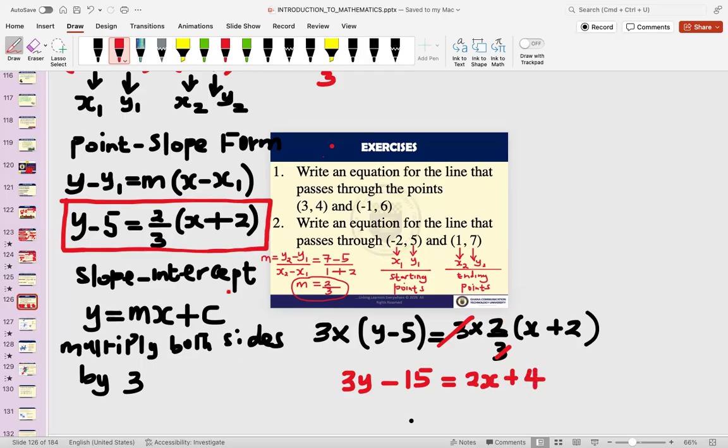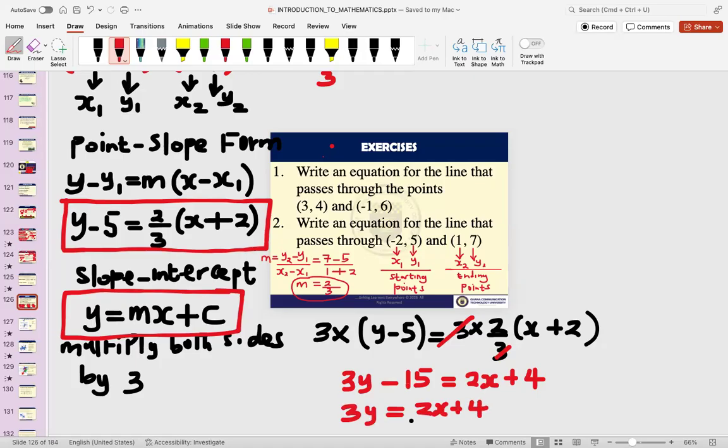Now, our mission is to get the slope intercept form where y should be standing alone and all other things are sent to the right-hand side. So it means that this negative 15 cannot be here because we want y to stand alone here. So we have to move it to join this one. So we have 3y is equal to 2x plus 4.